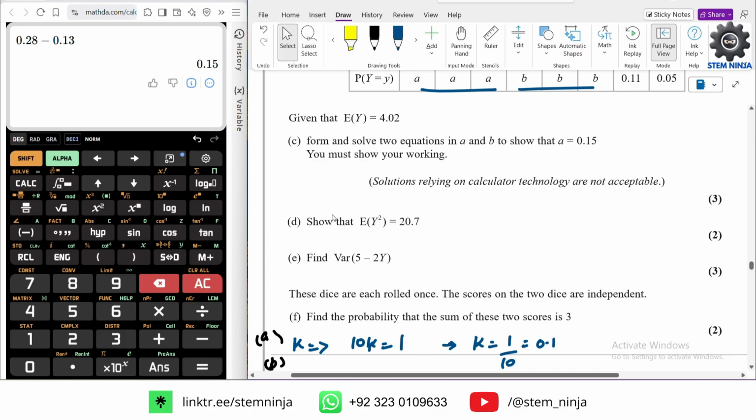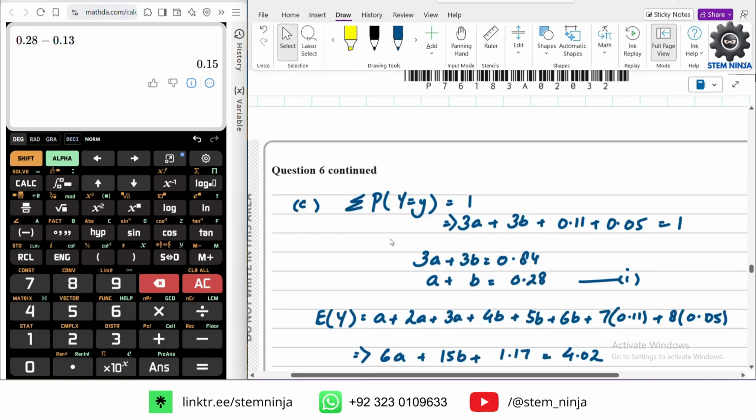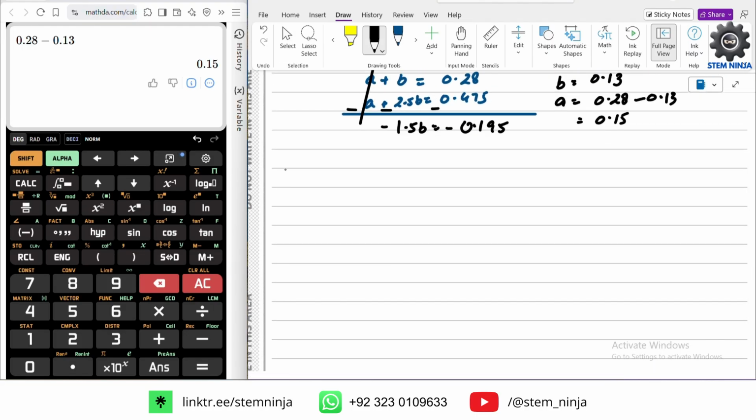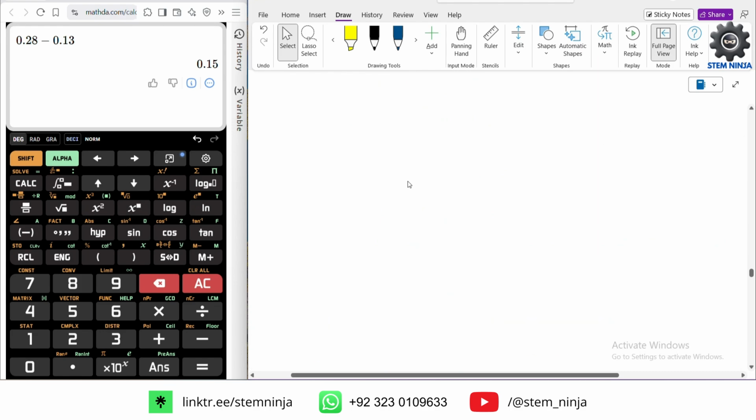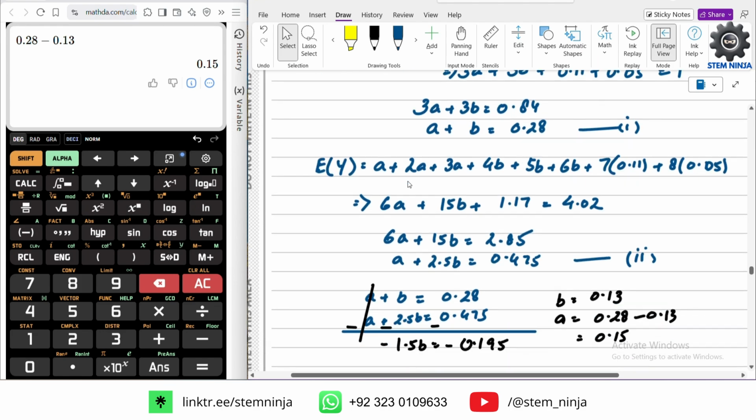Oh, thank God, yes. Now show that E(Y squared), expectation of Y squared, is 20.7. Right, okay. So first off, we need to write the values that way. Now, this is going to be part D, okay.